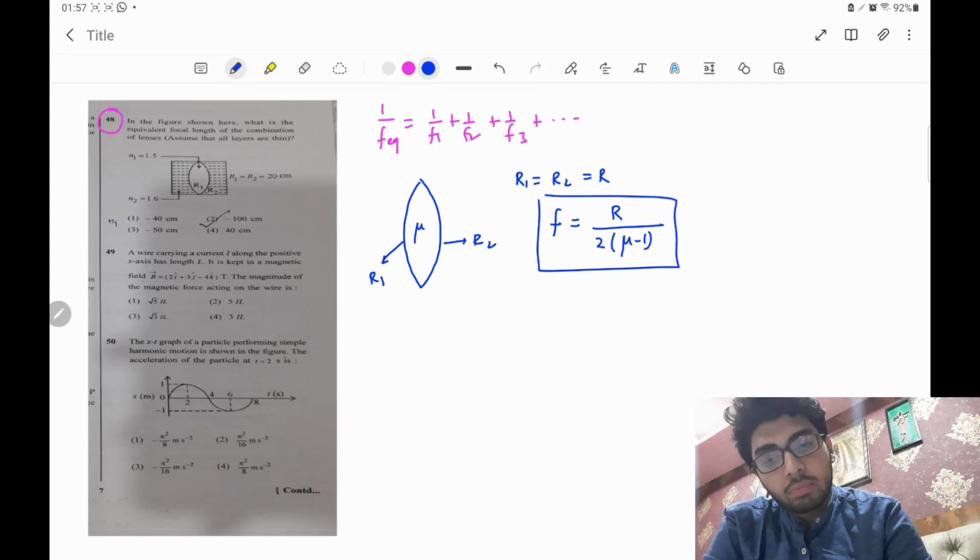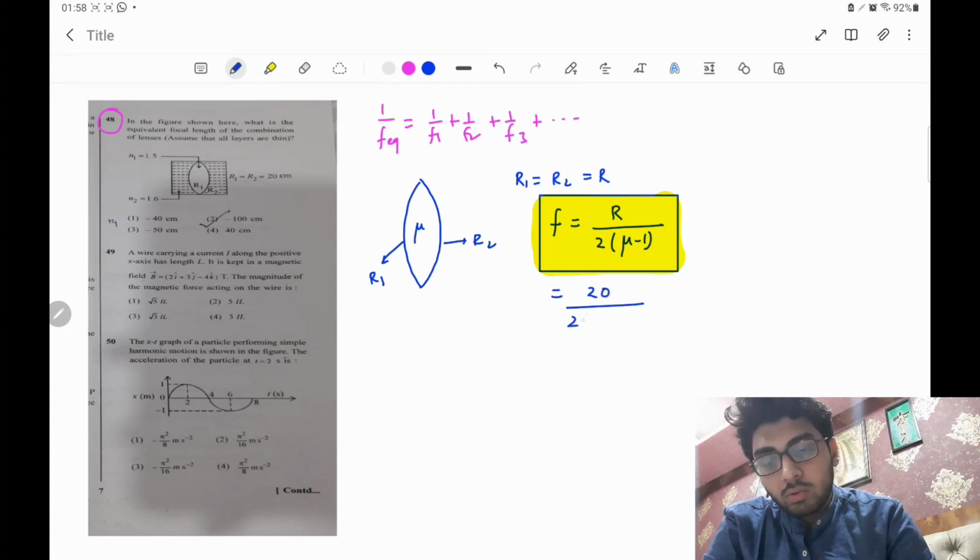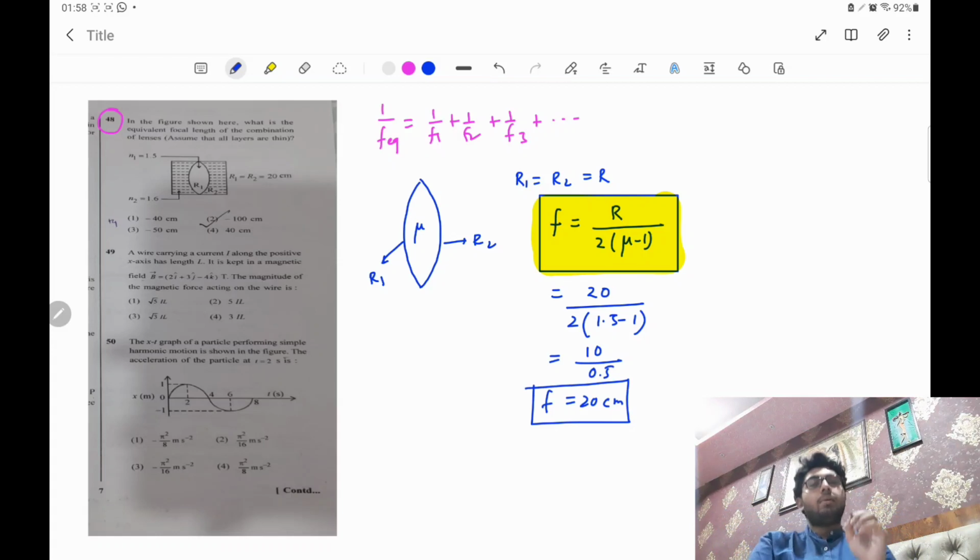You should know this formula. This comes simply from the lens maker formula itself, nothing new. Putting in the values, this is 20 divided by 2 into 1.5 minus 1, so 10 by 0.5, which is 20 centimeter. So the biconvex lens has a focal length of 20 centimeter.